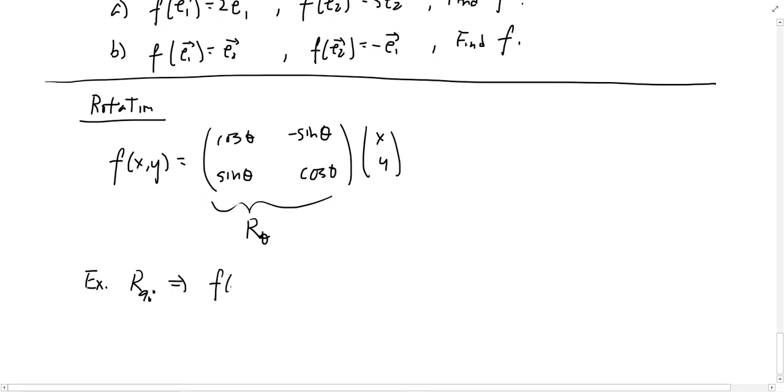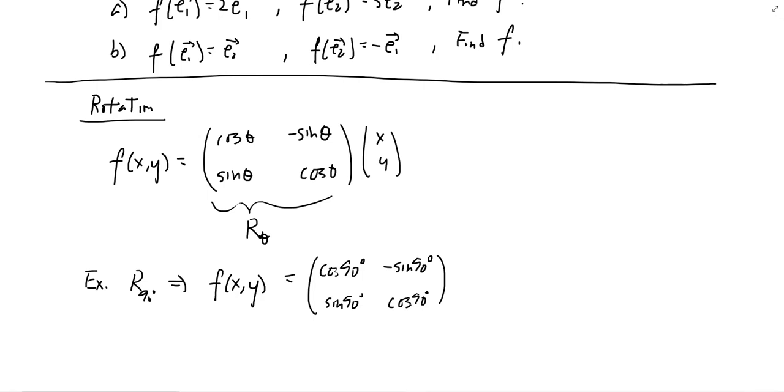Then f of (x, y) is equal to the matrix cosine 90 degrees, negative sine 90 degrees, sine 90 degrees, cosine 90 degrees. In the rotation matrix, we usually use degree measurement just because it's more common, but if you want, you can definitely say rotate pi over 2 matrix and do everything in radians. It will be the same.